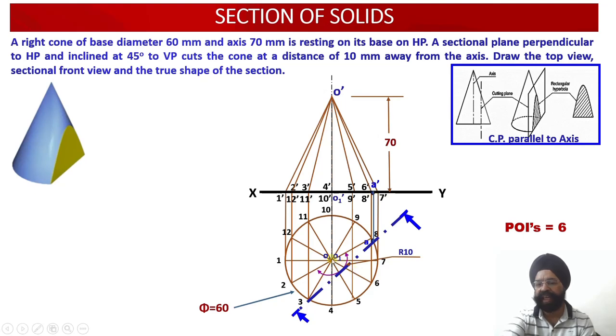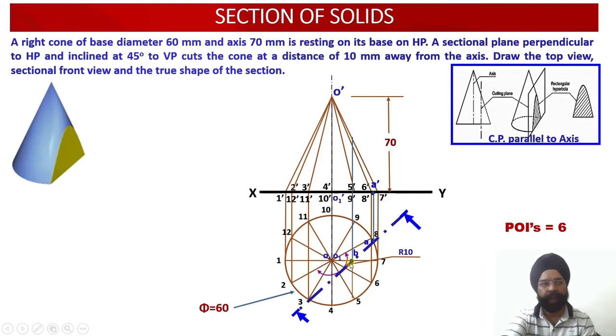Now let's move on to the second POI. The second POI is lying on the slant generator O7. Just see, this is my slant generator O7. This is my second POI, point of intersection. Since this POI lies on the projection of O7 in the top view, I name it second point, B. Having located this point B on the projection of O7, now I need to take this point vertically upward, so that it meets the front view of this projector, that is O dash 7 dash over here.